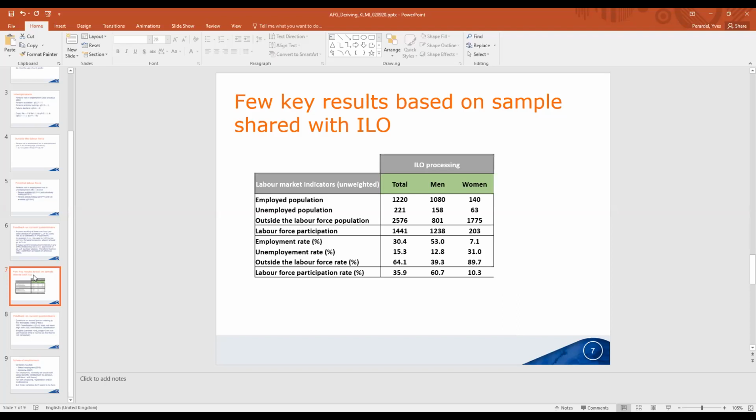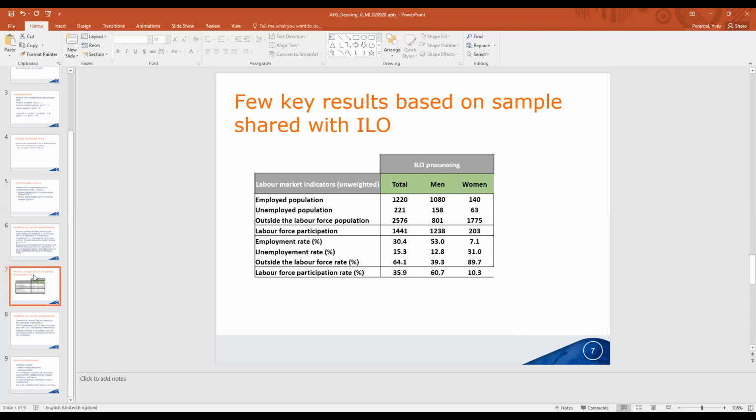Of course, they don't mean anything because the fieldwork is not finished, and this is just a sample of the microdata, and these are unweighted. But this would have been the ratio that we would find here. So the employment to population ratio, the employment rate, would be 30.4%, the unemployment rate 15.3%, the outside the labor force rate, formerly known as the inactivity rate, 64.1%.